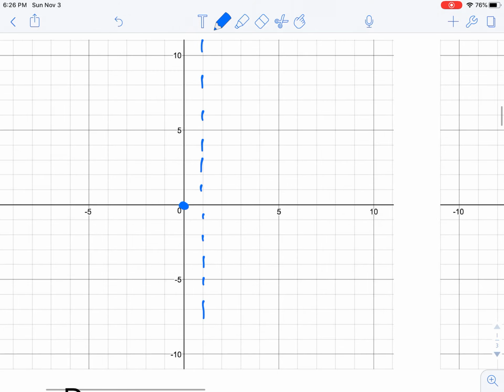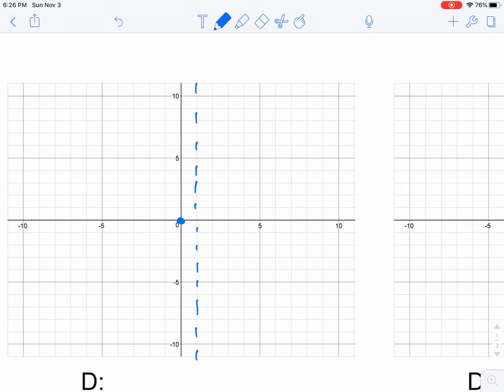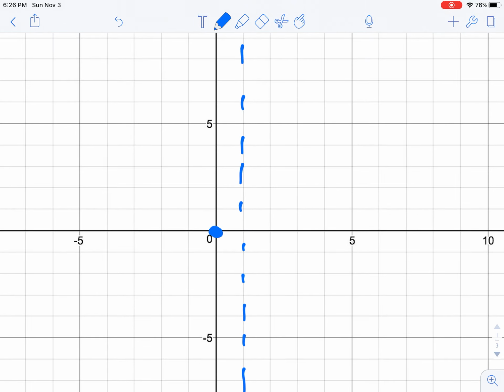Now, we should know that if we have a point on the left side of this axis, we also have a point on the right side of it, because that point gets mirrored over, which gives us this point right here at (2, 0). So as of right now, we have 2 points. All we need is a third point, which is going to be the vertex.